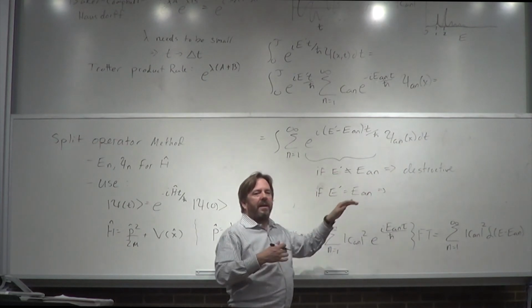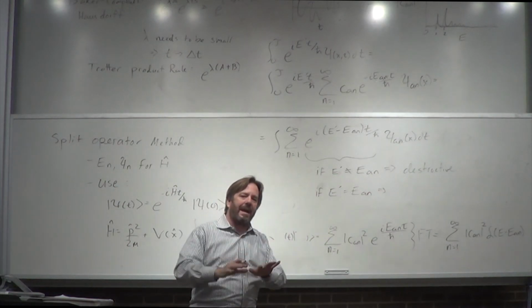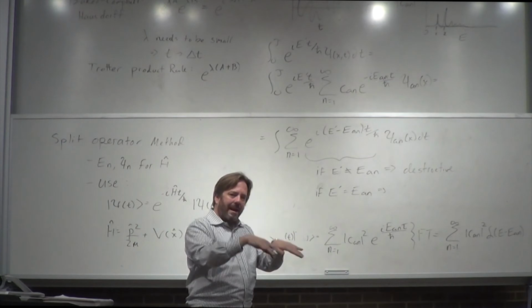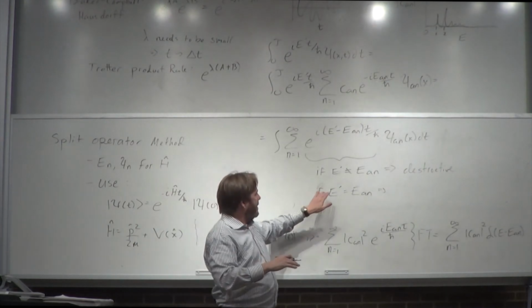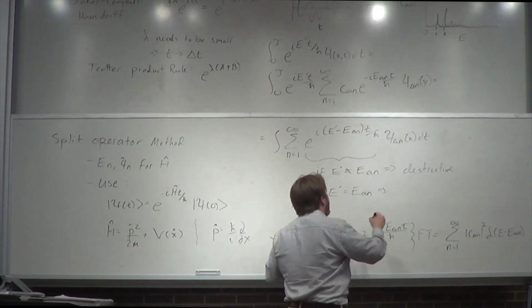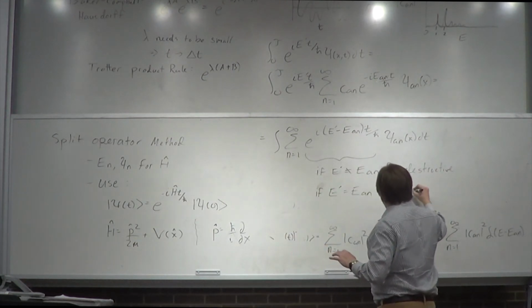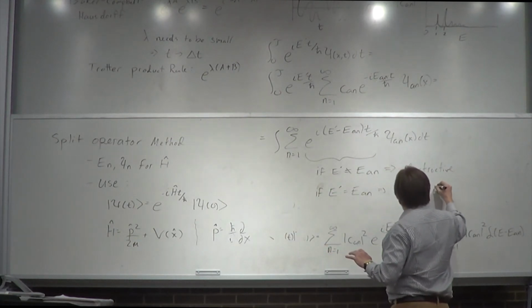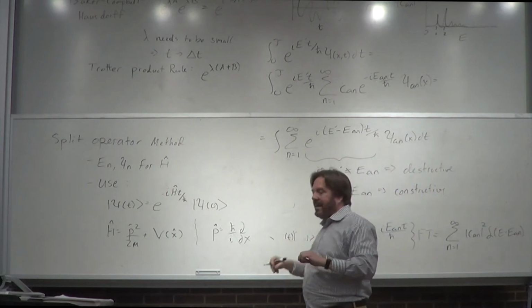Because all the other states, they add in, they add out, in and out. But if E prime is the ground state energy, it always adds in, because this doesn't oscillate. E to the 0 is 1.